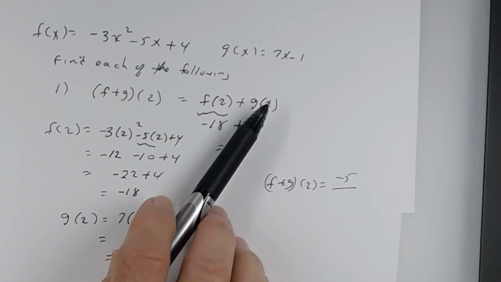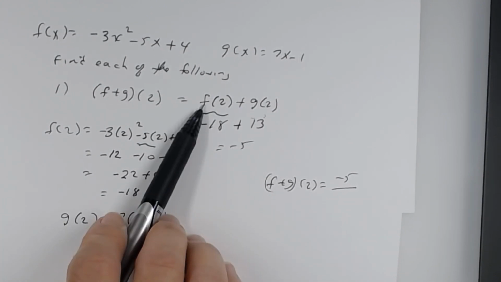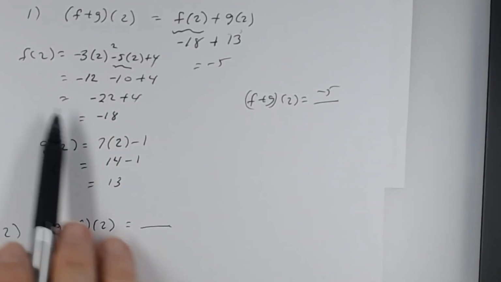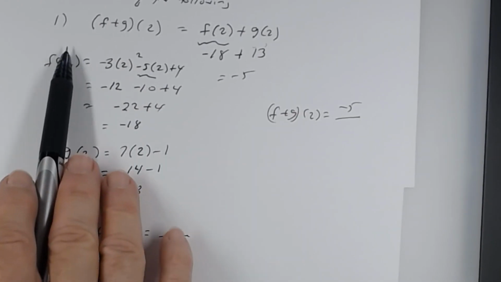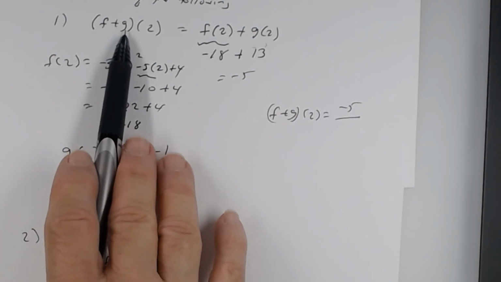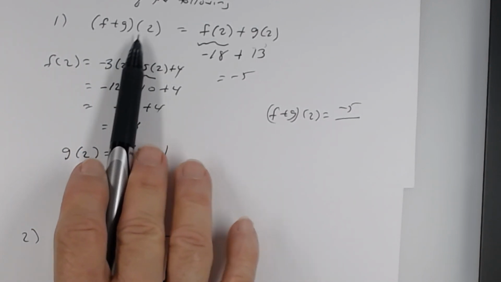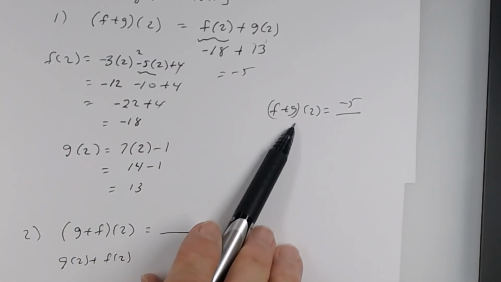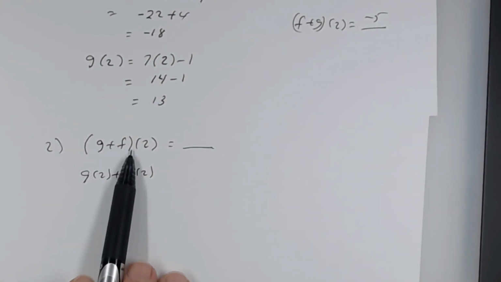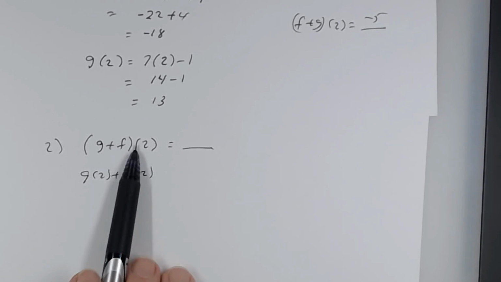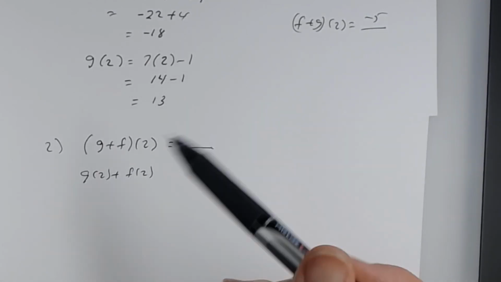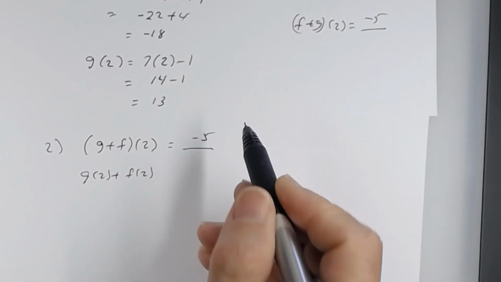Well, isn't that the same thing as saying g of 2 plus f of 2? Yeah, so addition is commutative. So basically, if you found f plus g at 2, and then all of a sudden it says g plus f at 2, don't do the work all over again. Because you know addition is commutative. The order in which you add does not matter. What's this answer going to be? Negative 5.